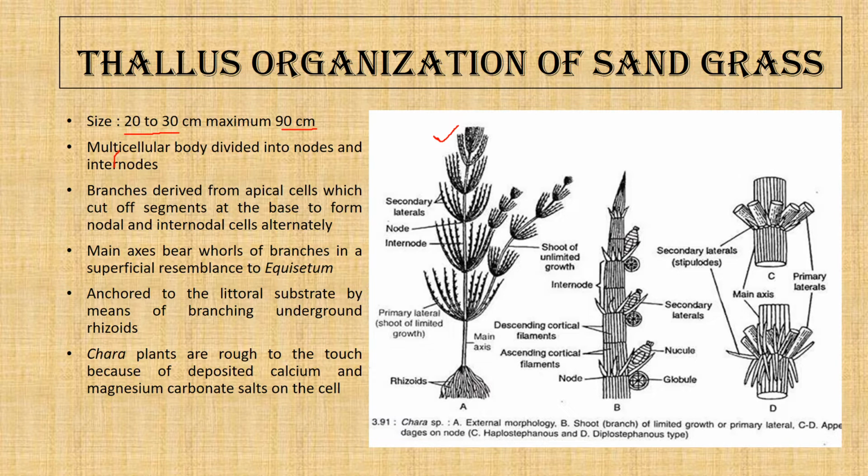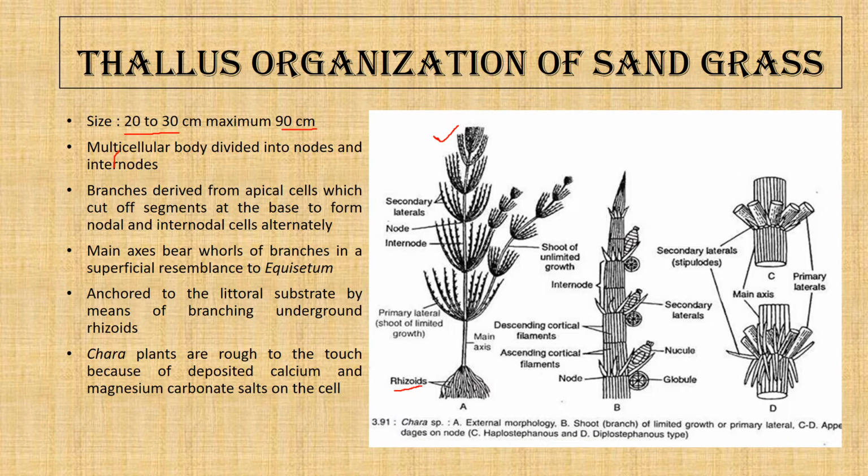So it resembles a land plant, and the entire thallus is divided into stem-like and root-like structures. It is attached to the substratum by rhizoids, which are multicellular branched structures, and hyaline, that is, they do not have any color.